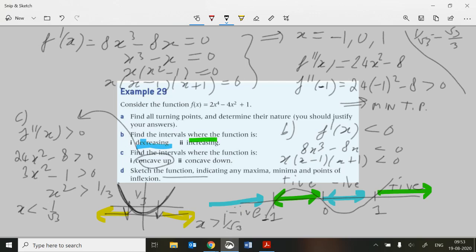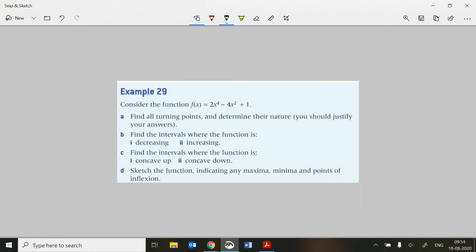Now it says sketch the function indicating any maxima, minima, and points of inflection. Okay, well, should be fairly straightforward now. We know that it's like this. We know we had turning points, let's put it on here, at 0, -1, at 1.